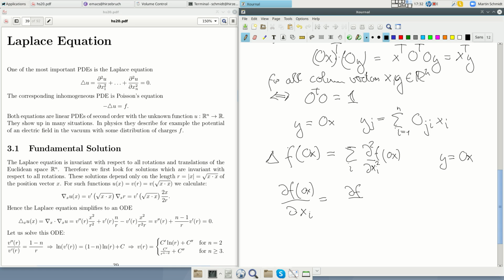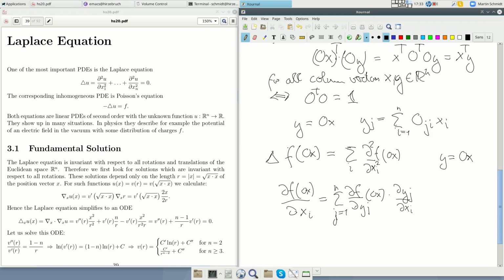So this is equal to the sum over j from 1 to n, by the chain rule, of df by dy_j of Ox times the inner derivative dy_j by dx_i.